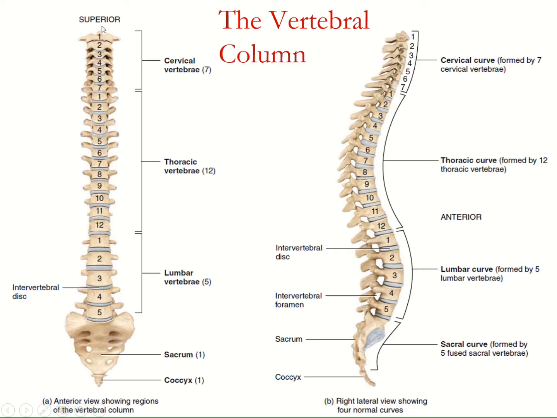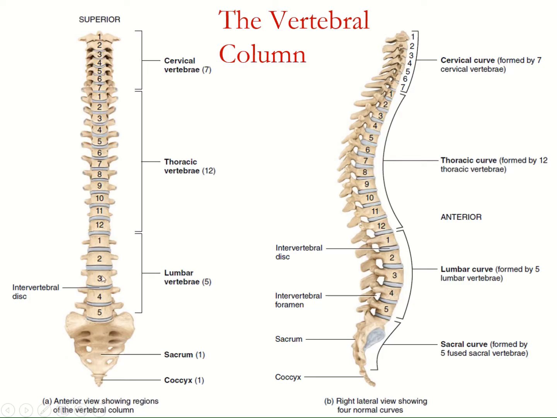The vertebral column is made up of 33 different vertebrae. 7 cervical, 1, 2, 3, 4, 5, 6, 7. 12 thoracic vertebrae, 1 to 12, and your ribs will have attachment points at these areas.